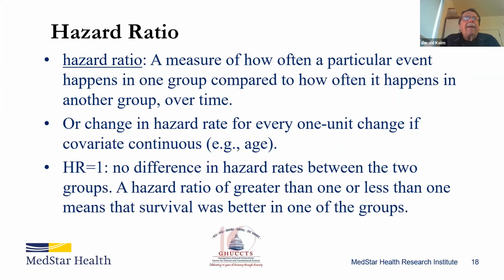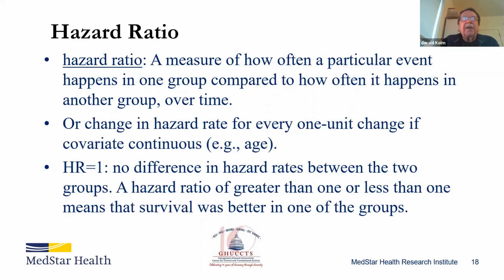Okay, so the hazard ratio is a measure of how often a particular event happens in one group compared to how often it happens in another group over the time period that we're interested in. It represents the change in hazard rate for every 1 unit change if the covariate is continuous.